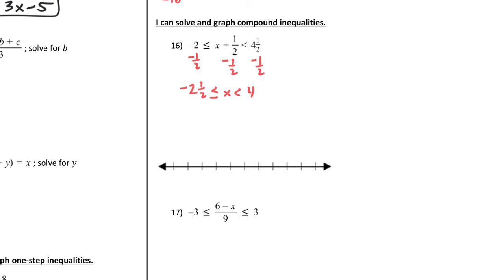So 0, 1, 2, 3, 4, and it's an open circle there. And here's negative 2.5, closed circle here, and a line that connects them. Great.